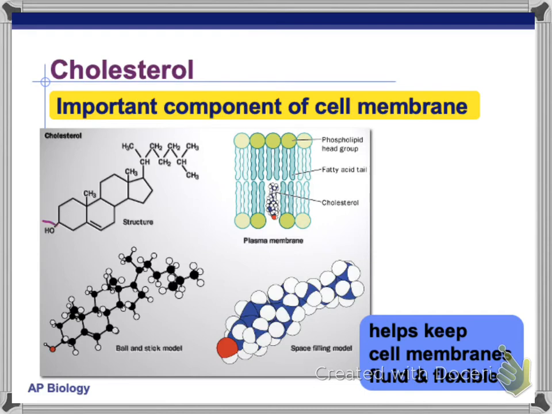Cholesterol has one hydroxyl group at the end. And so that part is polar, whereas the rest of this molecule is all carbon and hydrogen, so that's nonpolar. So you can see this little hydroxyl group is attracted to water like the heads of our phospholipids, whereas the bulk of the rings of the cholesterol are tucked in. We'll see that when we look at cell membranes more in the next unit.